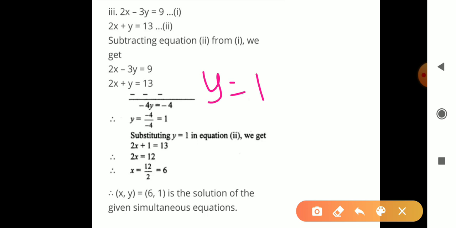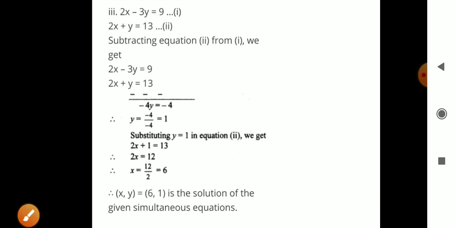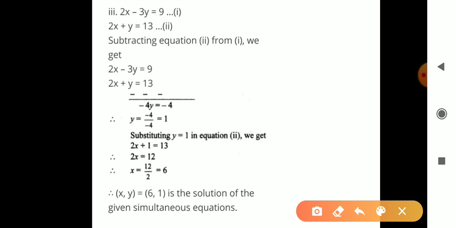Now substitute this value of y in any one of the equations. So here we substitute this value of y in the second equation, 2x plus y equal to 13, or we can substitute in the first also.